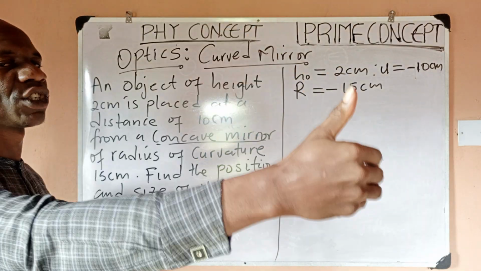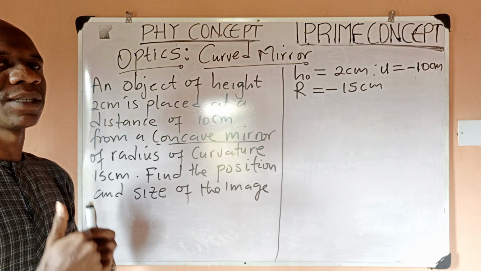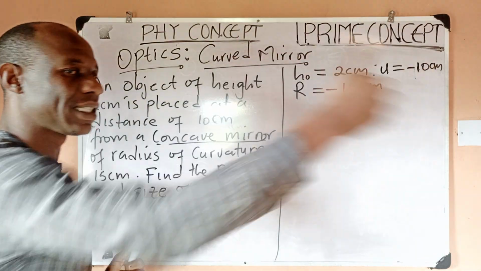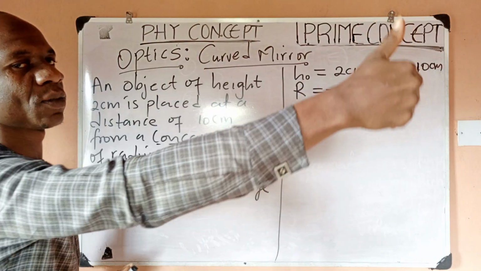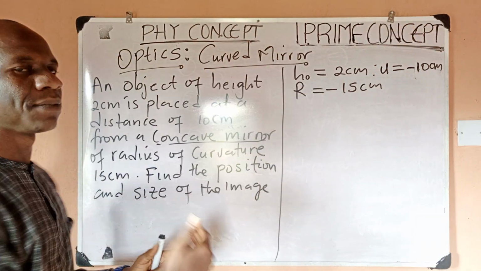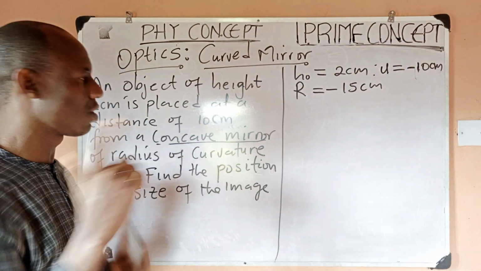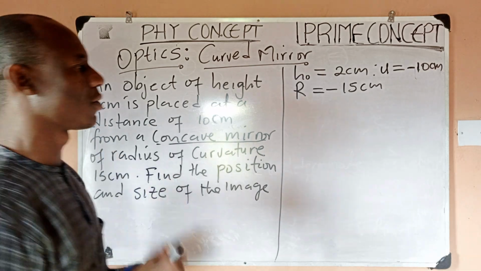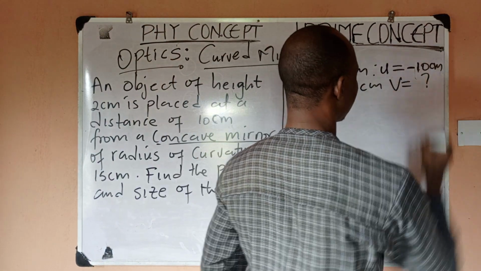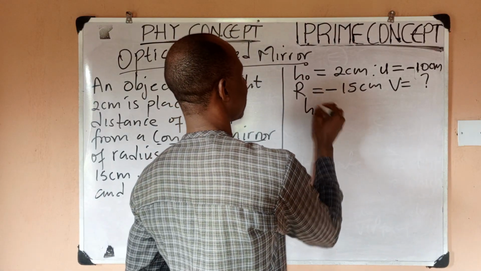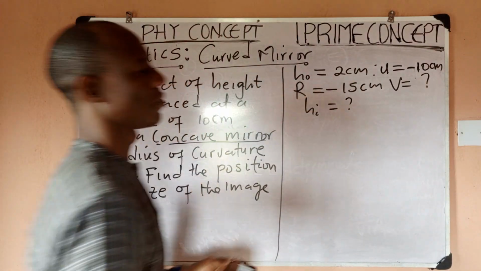Position simply represents the image distance, and size of the image means image height. So we're looking for two things: V, which is image position, and HI, which is height of image.